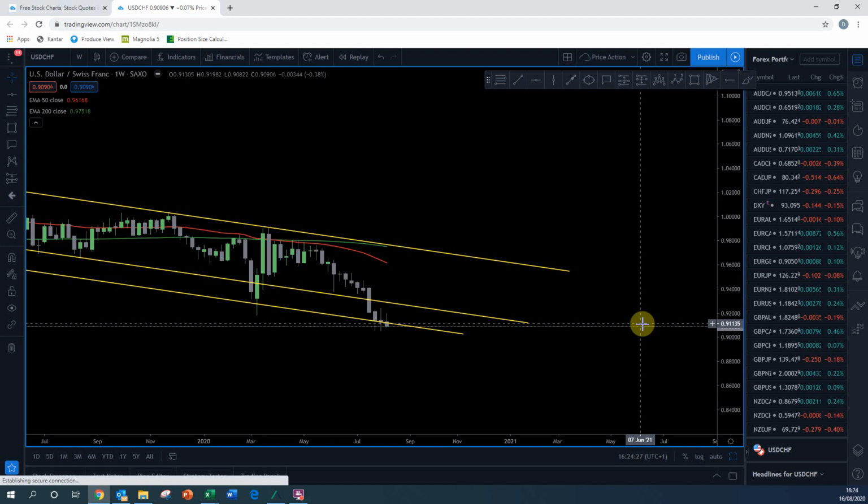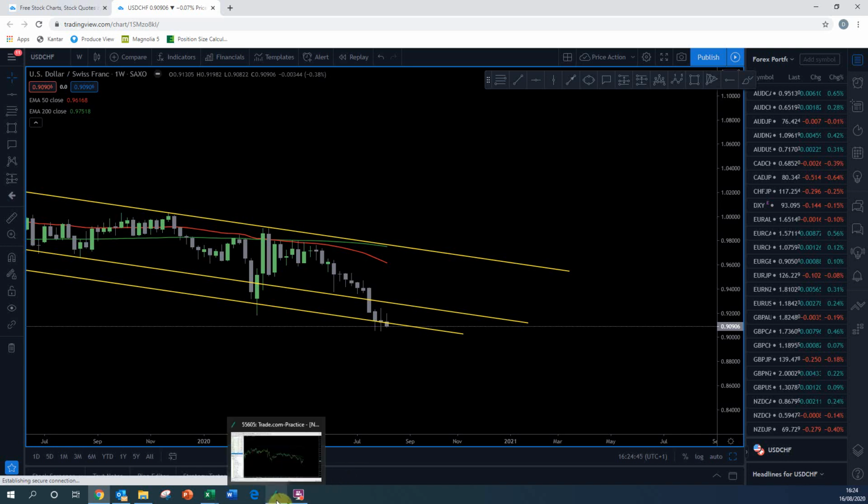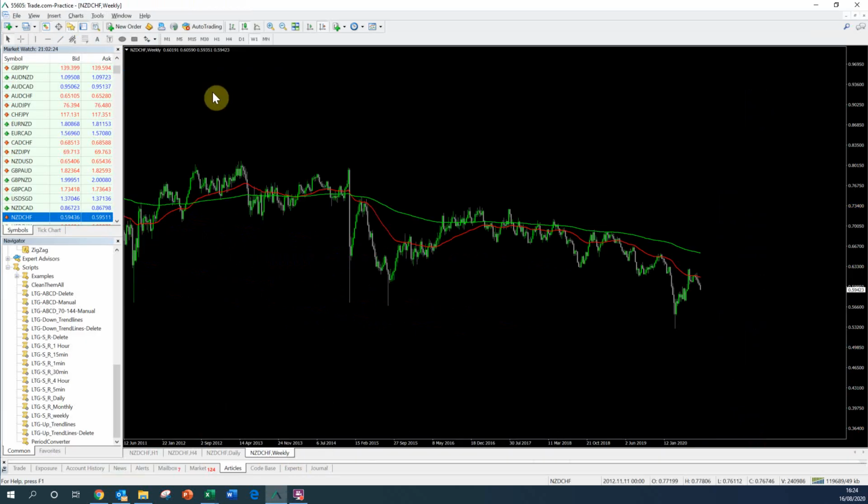So therefore, it's kind of battling against the other currencies. But we can see that the Swiss franc is quite strong against the dollar at the moment, and therefore pairing the two together, the New Zealand dollar weakness and the Swiss franc strength, that leads us to some quite nice momentum on the downside for New Zealand dollar Swiss franc.